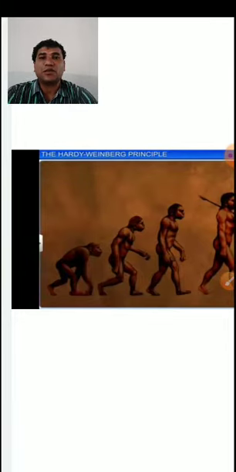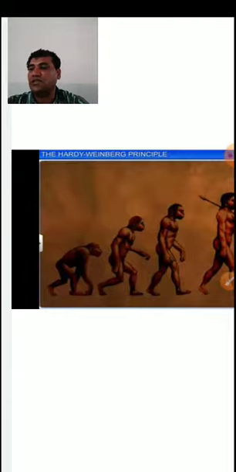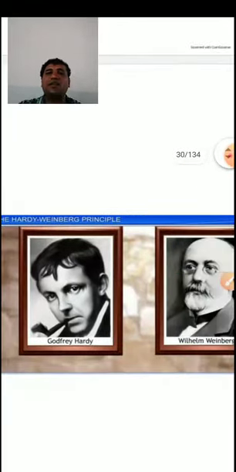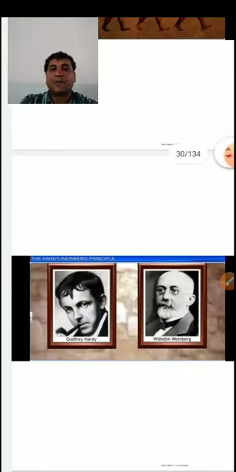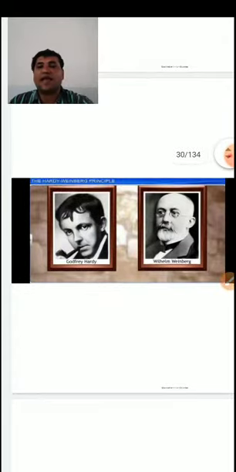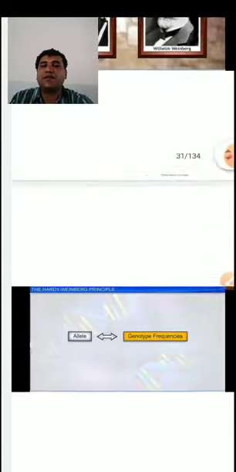But according to Hugo de Vries, evolution is non-random, non-directional, and a single large step mutation. So to explain this evolution theory, two mathematicians of mathematical probabilities, Hardy and Weinberg, proposed an equation called the Hardy-Weinberg equilibrium.